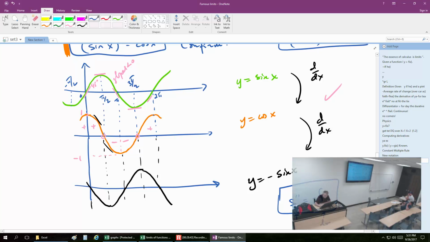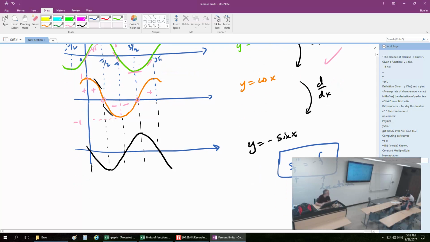So this is location, and what's the second derivative of location? The first derivative of location is velocity. What's the second? Acceleration.